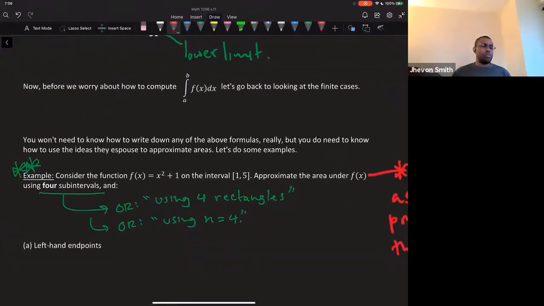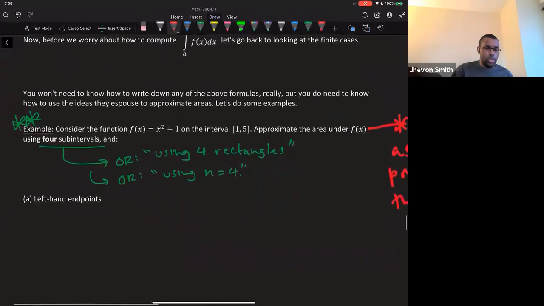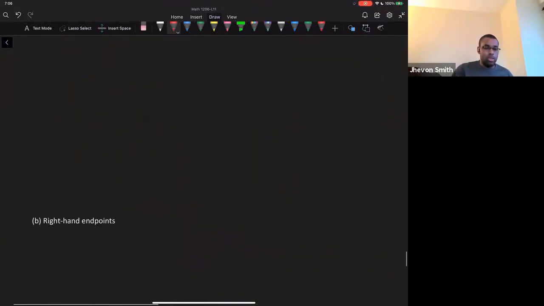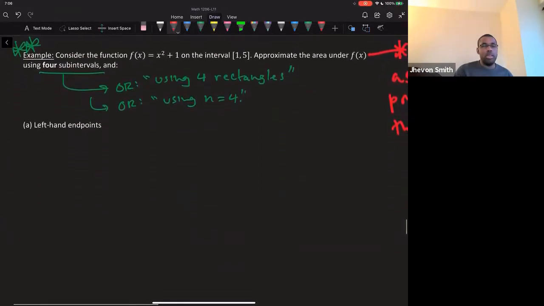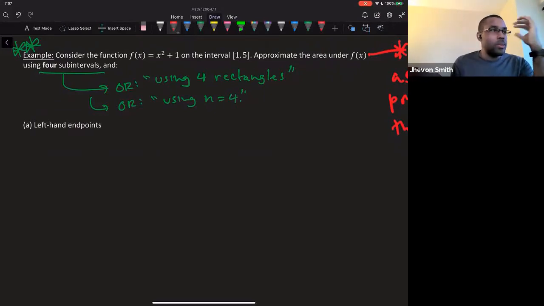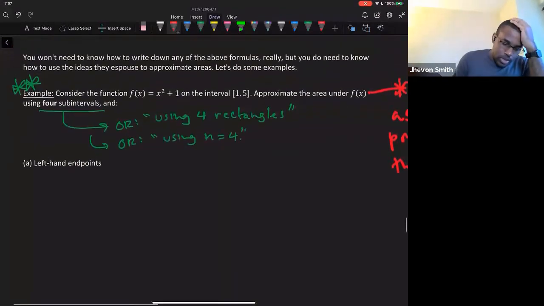Now, I am going to go through and show you left hand, right hand, and midpoints. But usually a problem in an exam setting, I would only ask you to do one of them, and then maybe find the exact answer. So I'm going to show you how to do all of them so that no matter which one I ask you, you can do it.